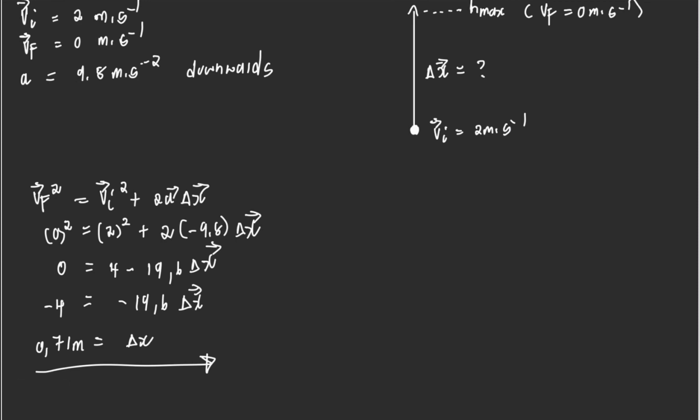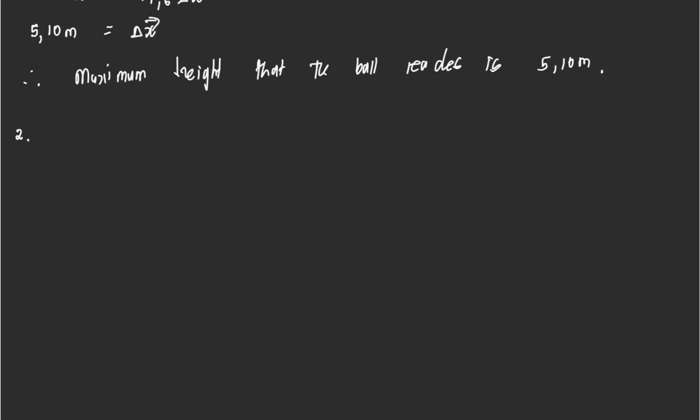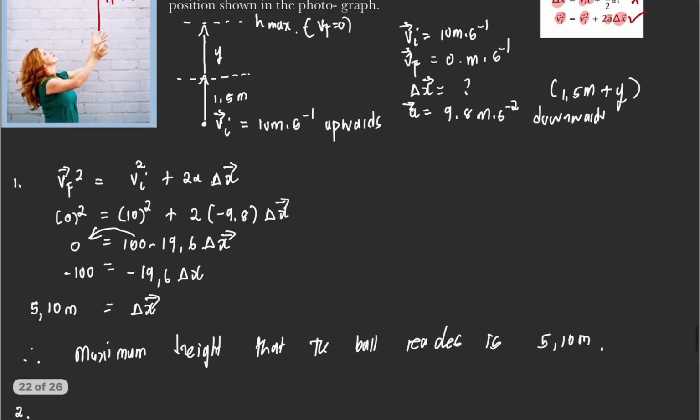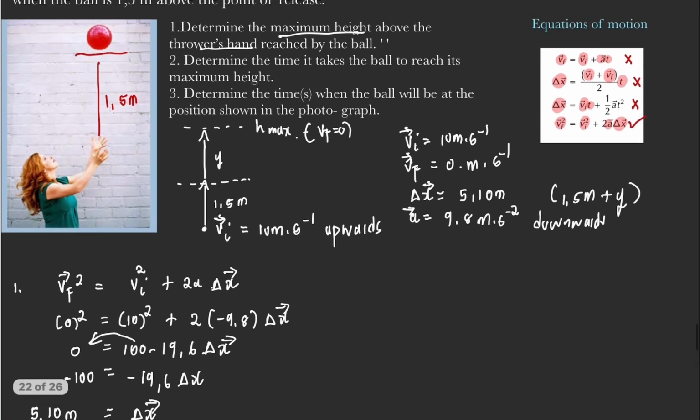So continuing with question number 2. Before we continue, we have to write what we have already calculated. We have calculated our change in X, so now our change in X is 5.10 meters. Then we go ahead to number 2.